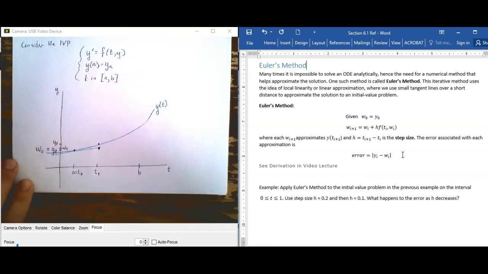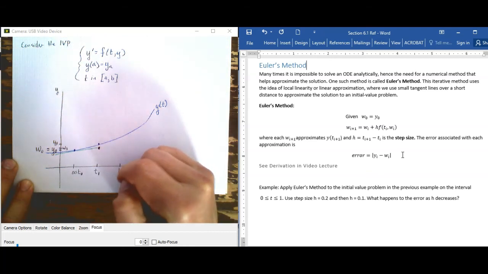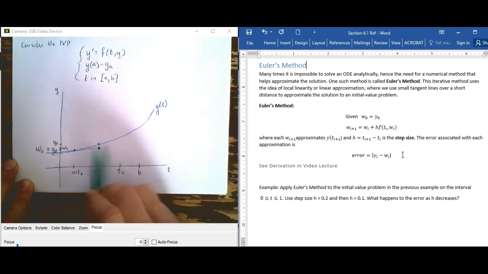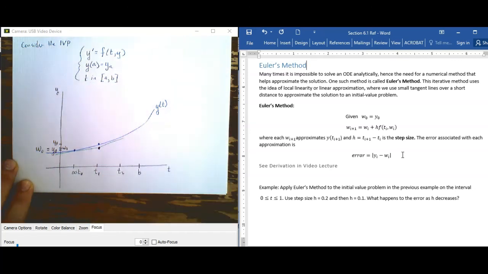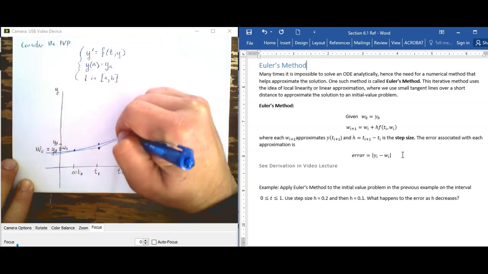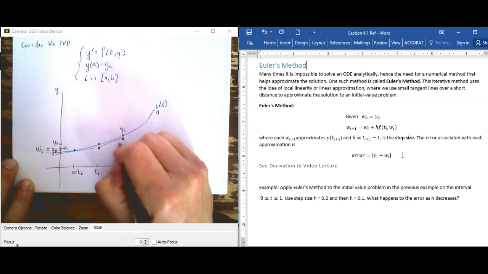Then what happens is that once we know w1, we use another tangent line to approximate the solution at, let's say, some t2 value. So t2 is there. We use another tangent line using the slope from the function itself. So the slope is here, something like that, to approximate the solution at t2.